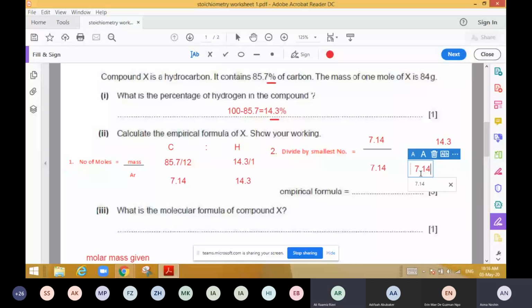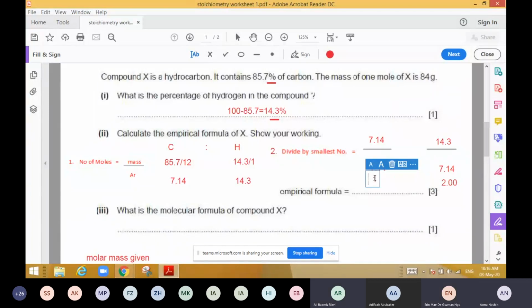Okay. So what will be your answer? 2.003, or 2.00 for this one.